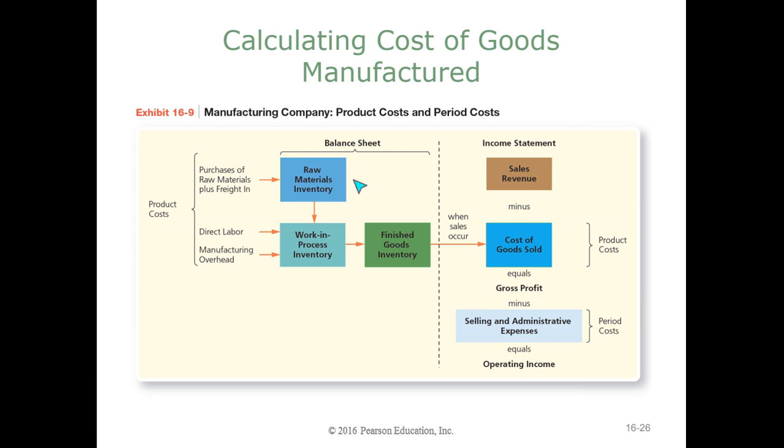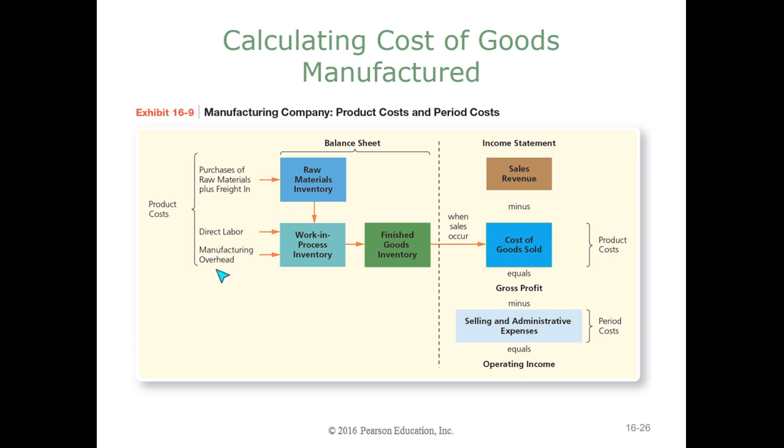We're looking at our balance sheet and our income statement. On our balance sheet, we've got our product cost: purchases of raw materials plus freight in goes into our raw materials inventory account.